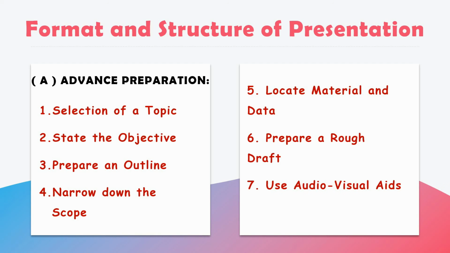Consider and acquire or prepare audio-visual aids like charts, slides, animated videos, short films, etc., because these are a very effective medium of telling the audience what you want to tell. These audio-visual aids speak more than what you are trying to say. So they play a very important role in your presentation.